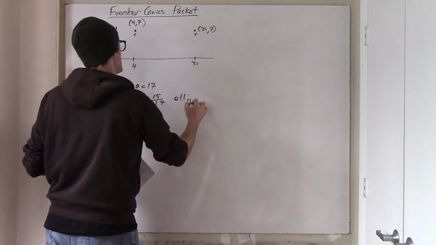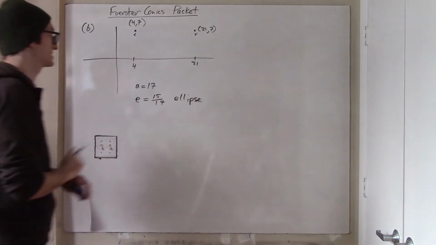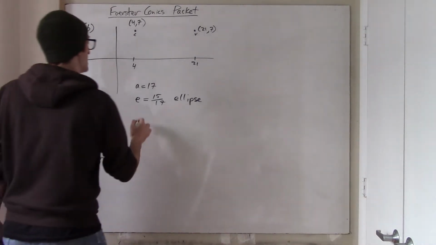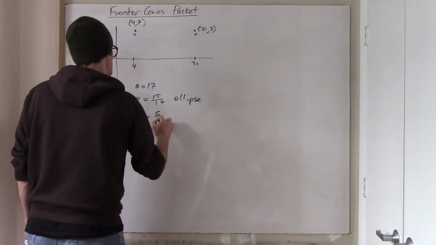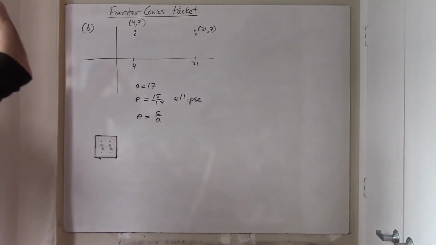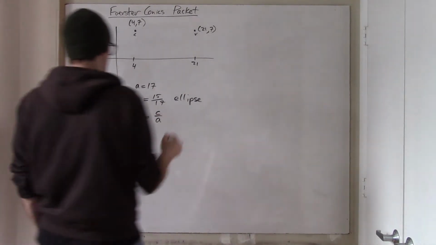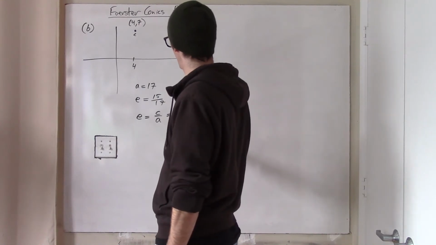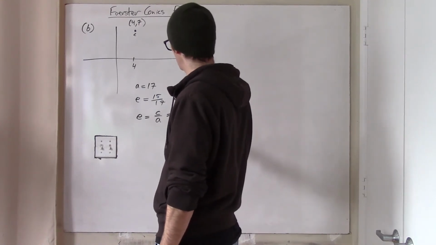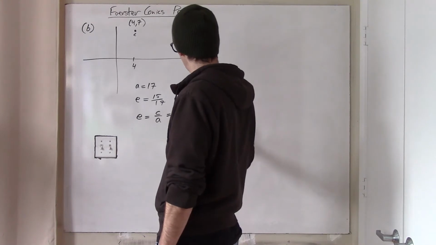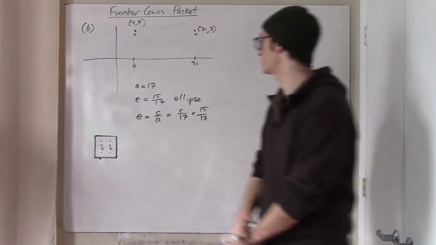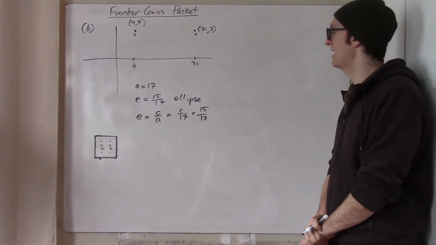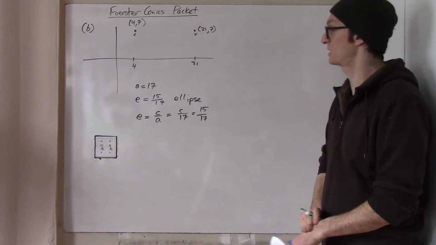First of all, I note that this is an ellipse, because the eccentricity is less than 1. But also, as we've known for a long time, eccentricity is c over a. So c over 17 has to be 15/17, so the only way for that to be true is if c is in fact just 15.